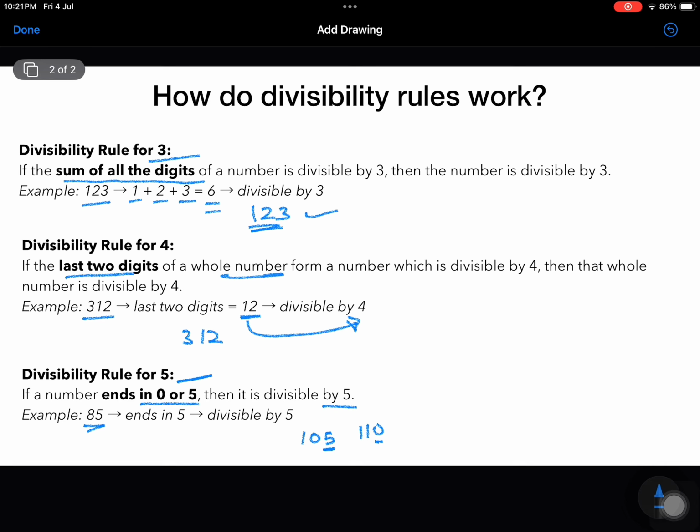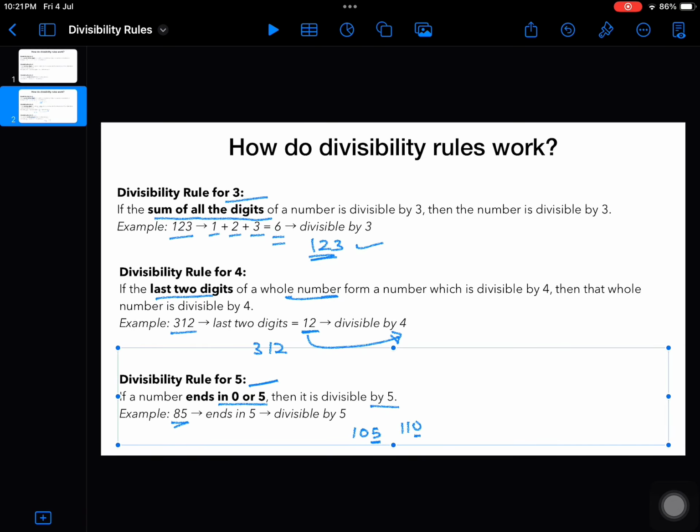We might have used these rules so many times and gotten the correct answers, but it becomes important for us to understand why these rules work in order to do really good math. Okay, so let's go ahead with that.